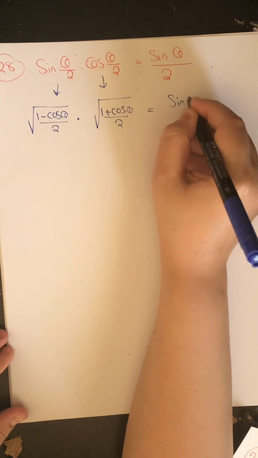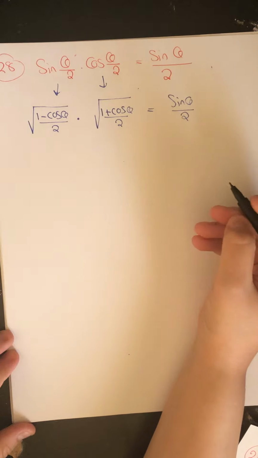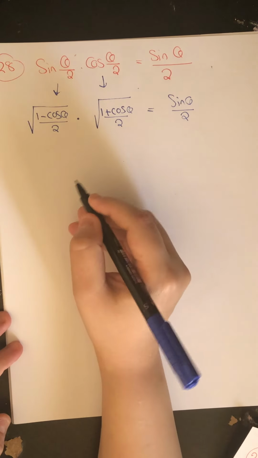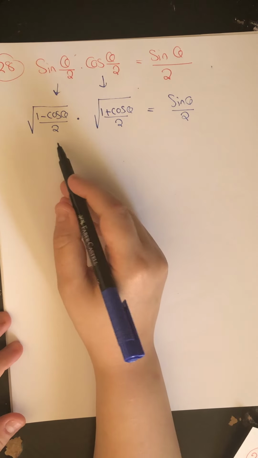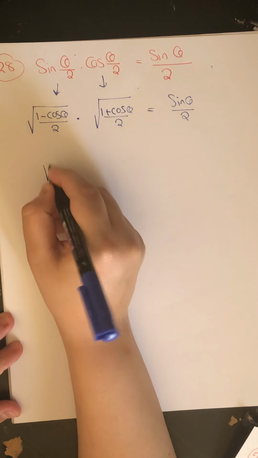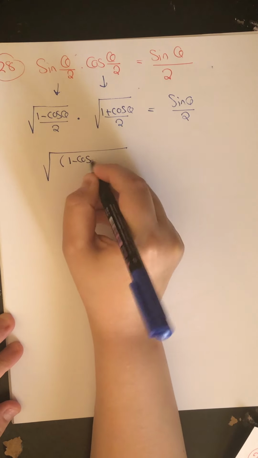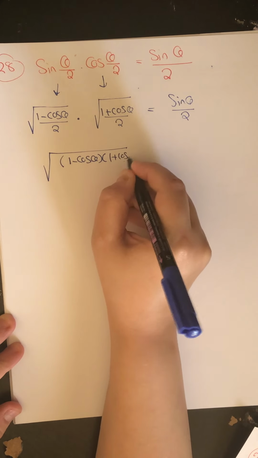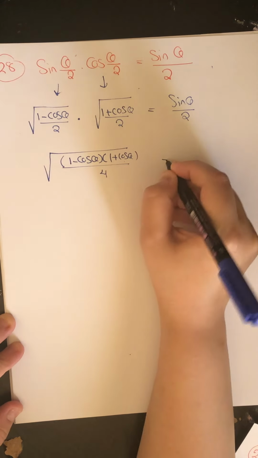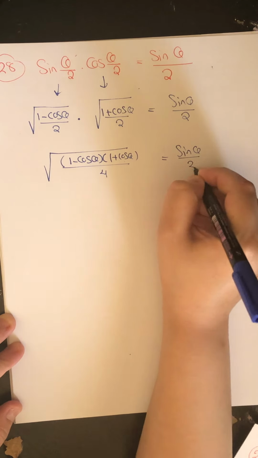And here is still sine theta over 2. What will I do? If I multiply this by this, I can put them both in one root as 1 minus cosine theta times 1 plus cosine theta over 4, and sine theta over 2.